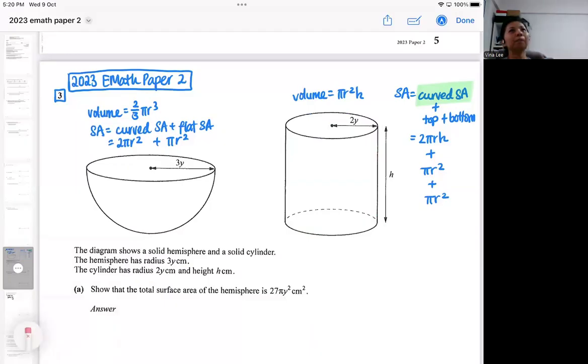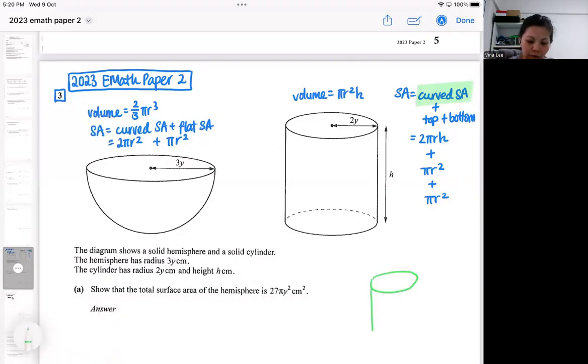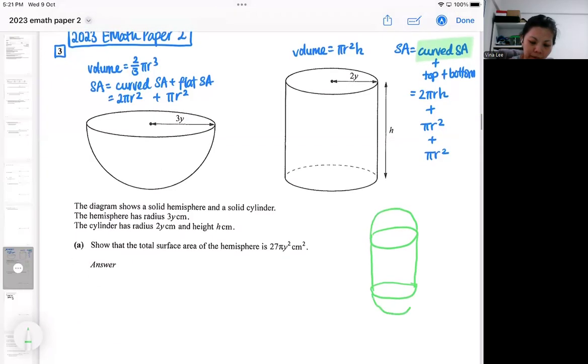For example, if this is a cylinder pencil holder, then we have the bottom, but we don't have the top. Or sometimes you might encounter a shape like a capsule, like how a Maxon looks, a cylinder and two hemispheres.